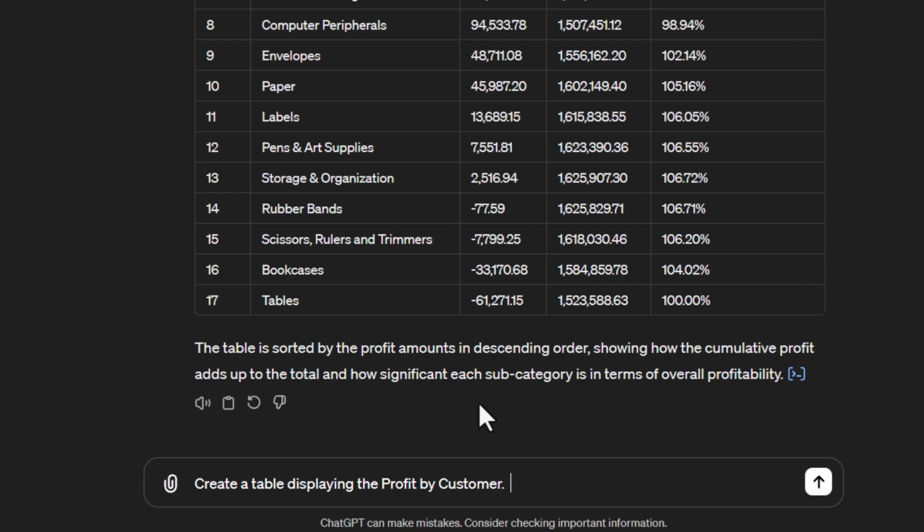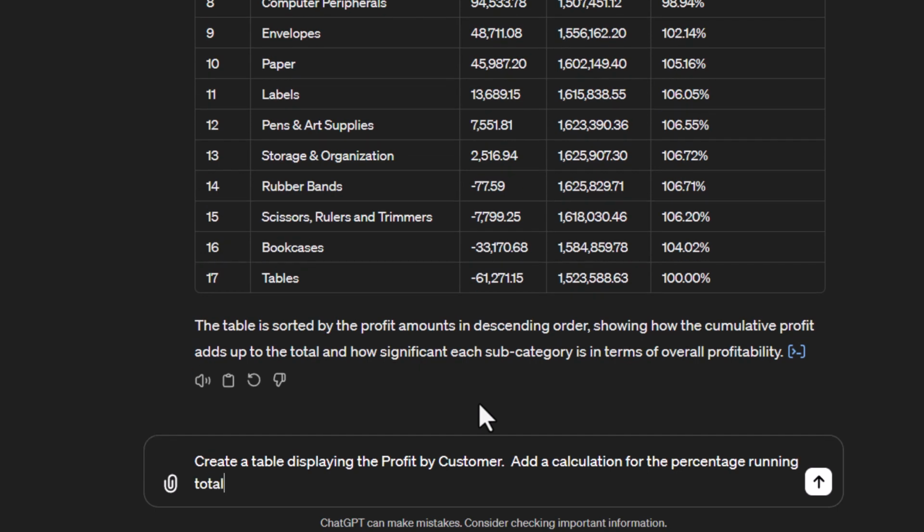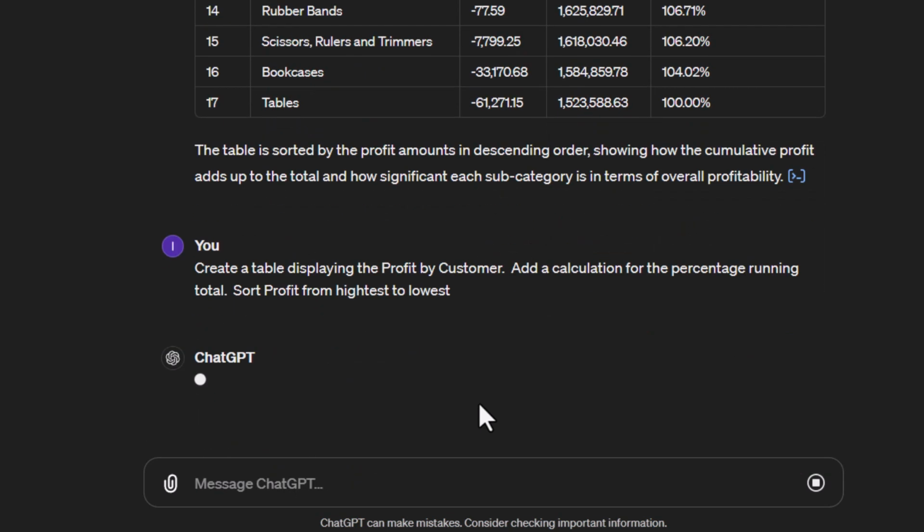So we're going to say add a calculation for the percentage running total. Sort profit from highest to lowest. Okay, so we've got create a table displaying the profit by customer, add a calculation for the percentage running total. Then we're going to sort the profit from highest to lowest. So let's accept that.